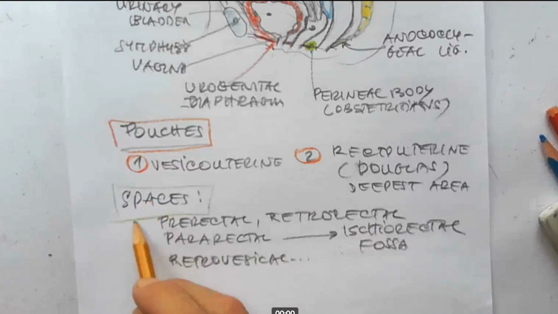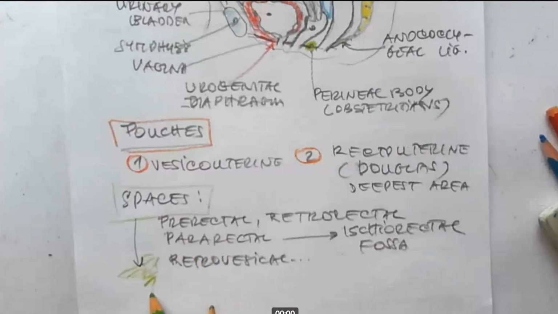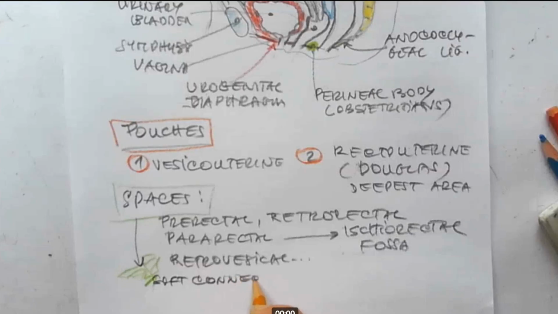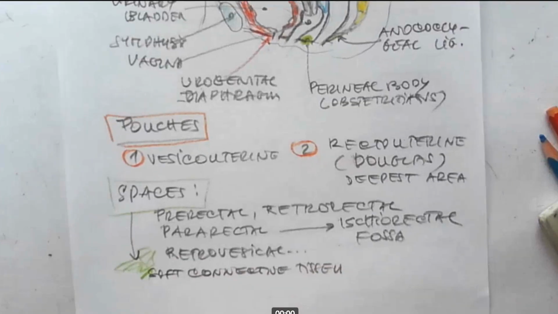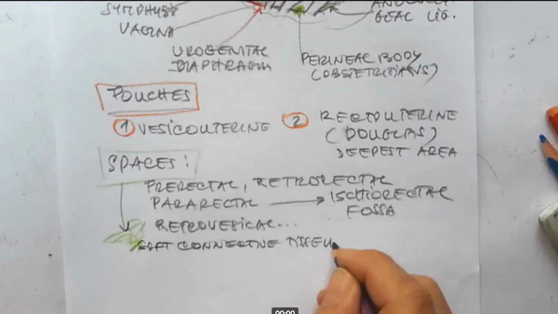So for the spaces, I would just add an arrow: they contain soft connective tissue, and this tissue permits the movements of organs. This is a positive and important point.